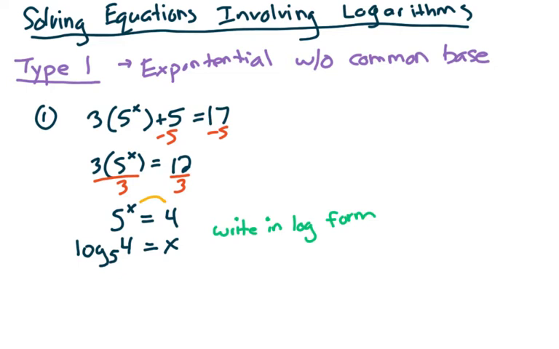So here, the left side just has numbers on it. Log base 5 of 4, our x isn't over here. So what we can do is use the change of base formula and put it in our calculator.